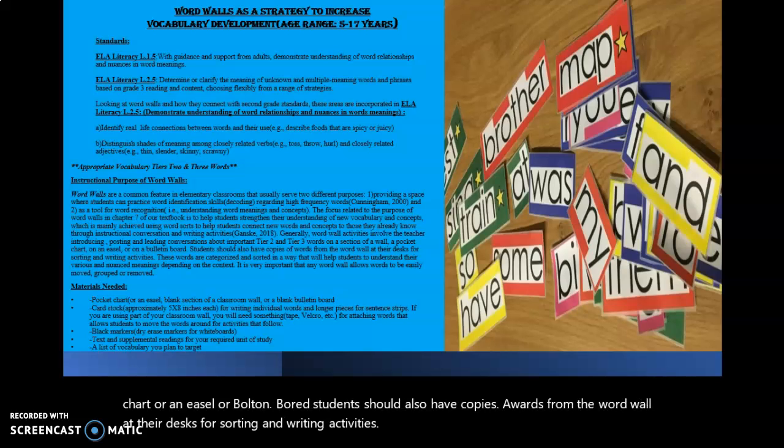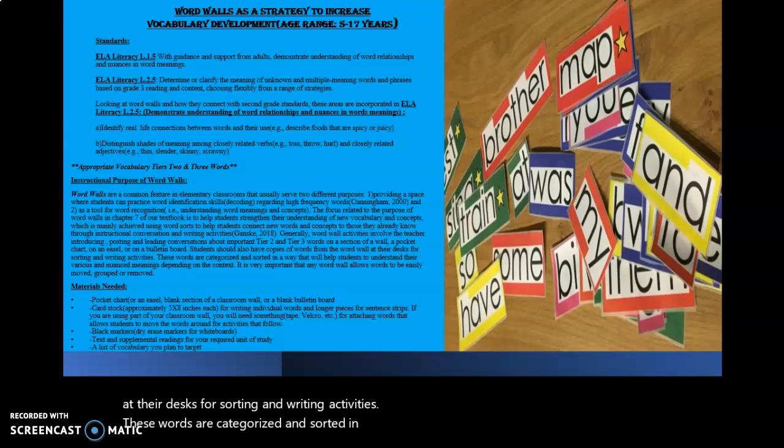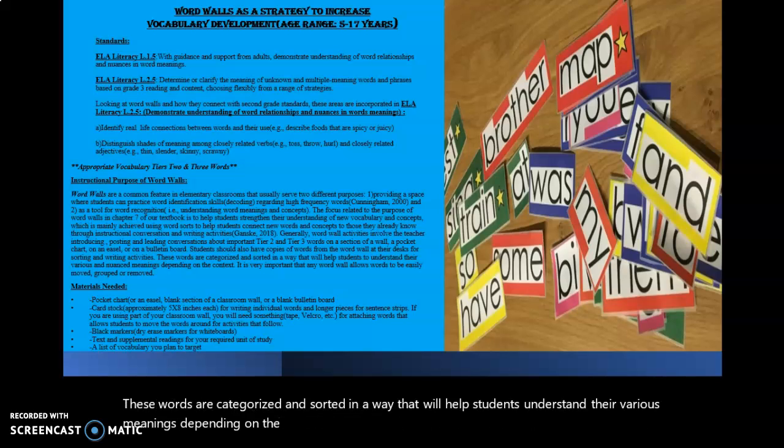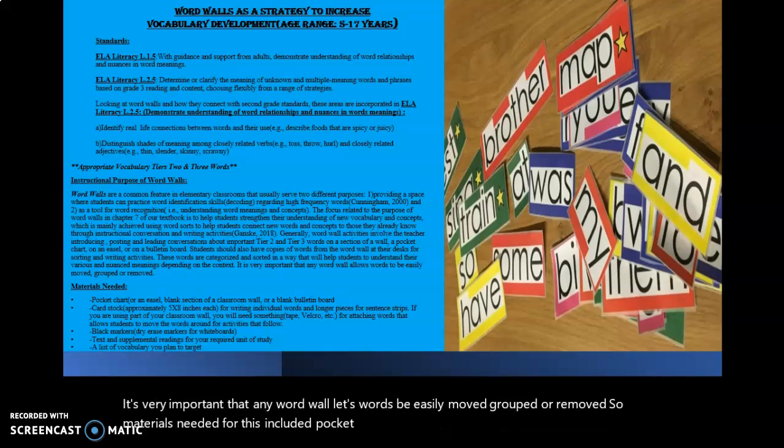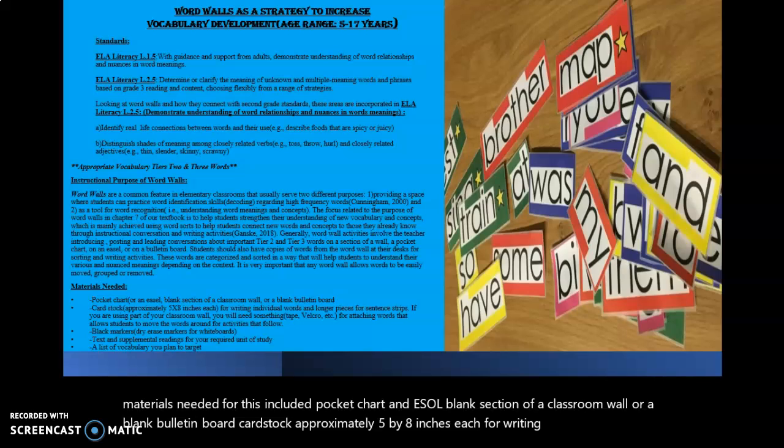These words are categorized and sorted in a way that will help students understand their various meanings depending on the context. It's very important that any word wall lets words be easily moved, grouped, or removed. So materials needed for this include a pocket chart, an easel, a blank section of a classroom wall, or a blank bulletin board. Cardstock approximately 5 by 8 inches each for writing individual words, and longer pieces for sentence strips.